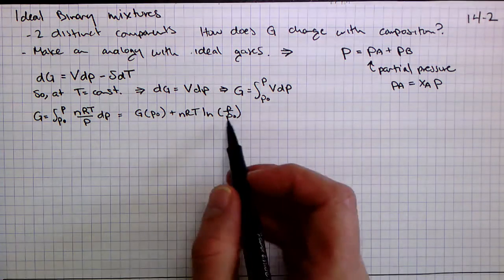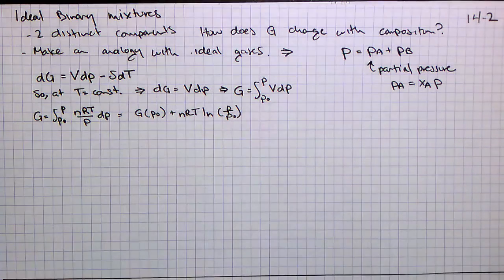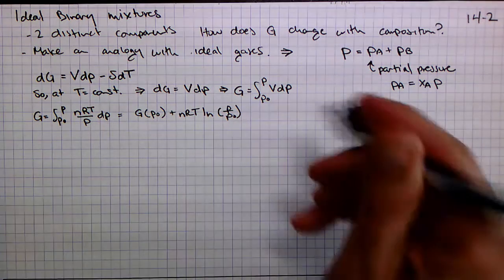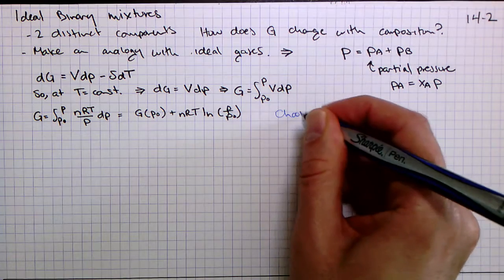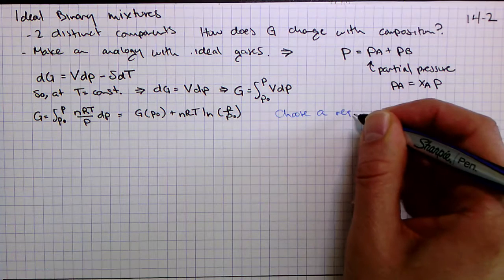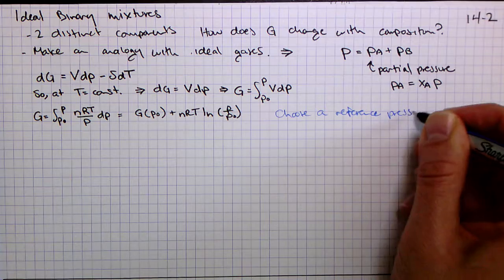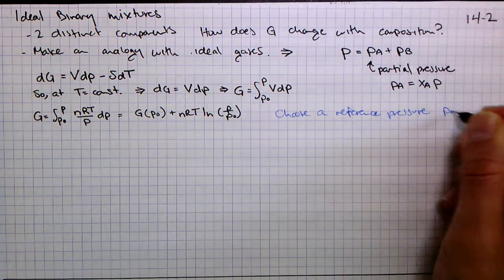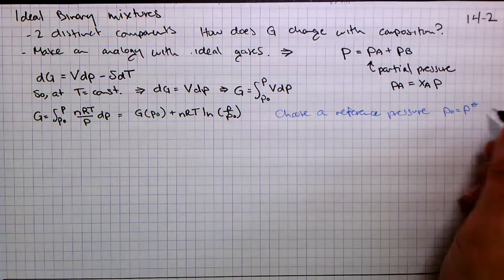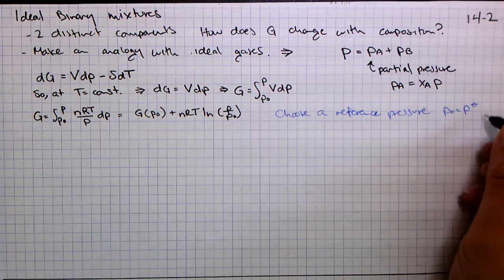So now this reference pressure we can choose. So let's choose a reference pressure. And the typical choice is that we choose P0 to be something we call P theta, which is 1 bar.